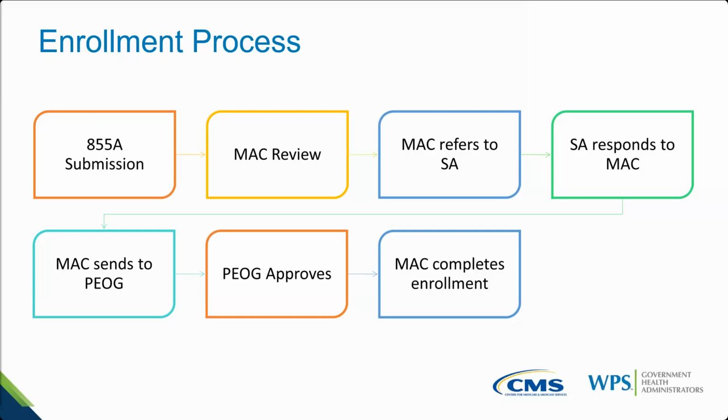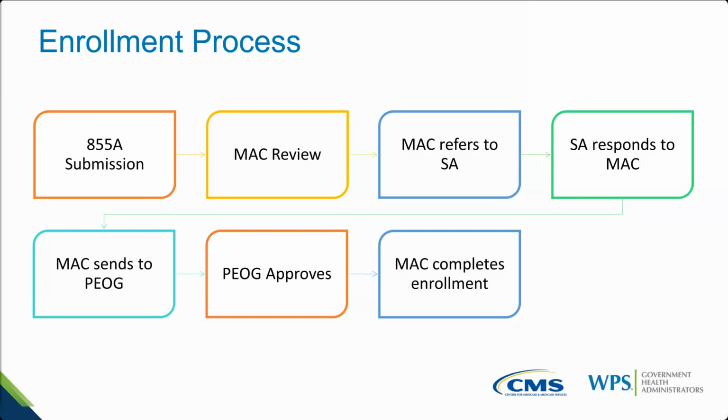Once they have approved that, they do send it back to the MAC. And they send it back to the MAC with the CCN or PTAN. Again, it's a little bit different for Part A. That's CCN and the effective date that CMS has approved. So it's not necessarily going to have to do with the effective date the provider has listed for practice locations. They can vary.